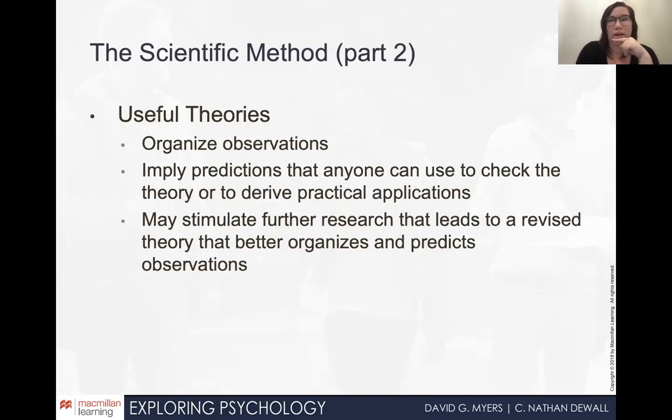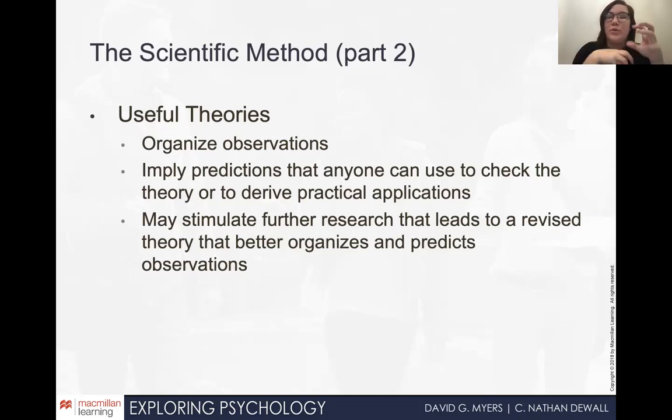So, useful theories, right? We organize our observations, we imply predictions that anyone can use to check theory and to derive practical applications. We may stimulate further research that leads to a revised theory, right? Because remember I said that theories can always change because science does not prove anything. It just supports or does not support.